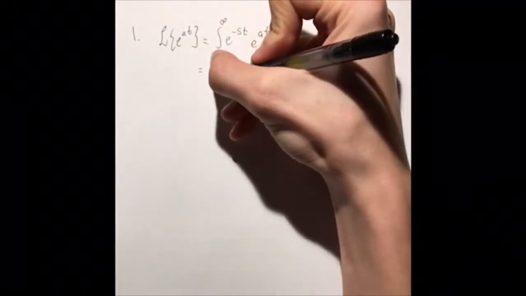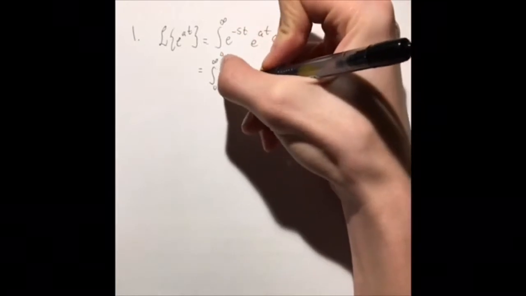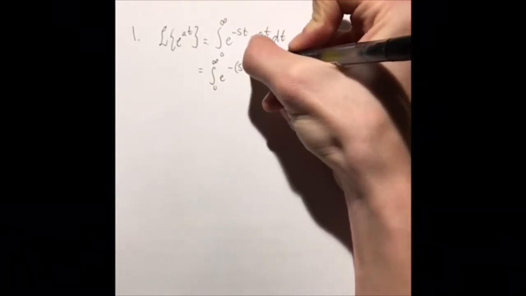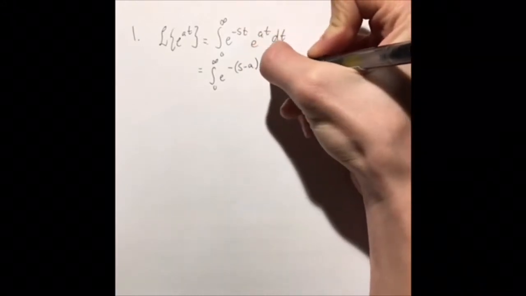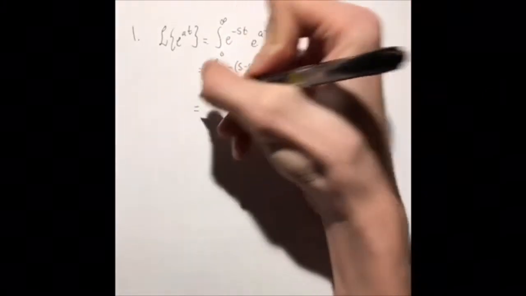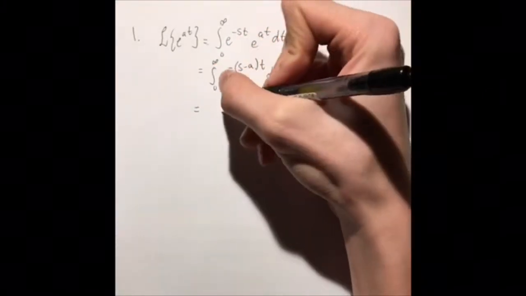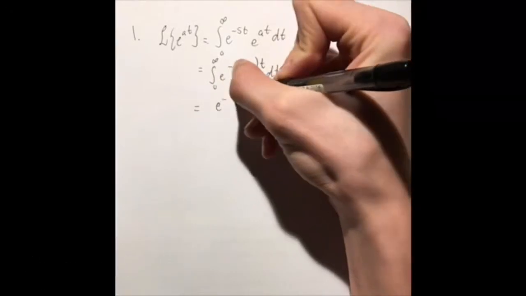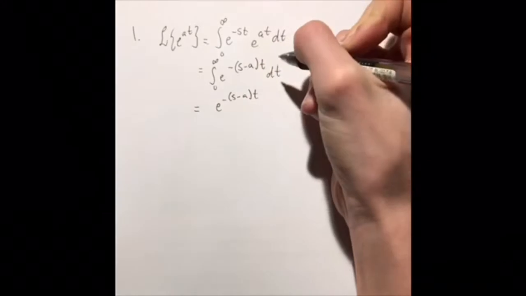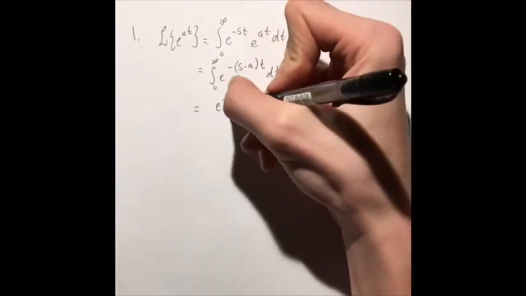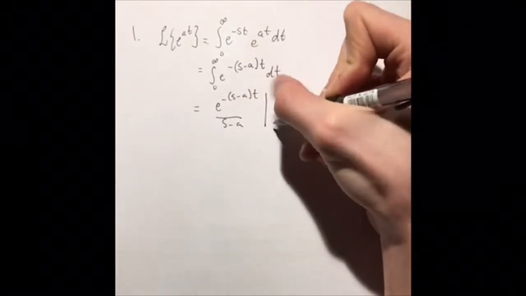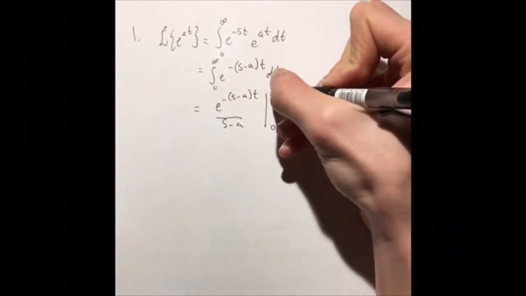This is simply the integral from 0 to infinity of e to the negative s minus a times t dt. If you solve this, you get e to the negative s minus a times t over s minus a evaluated from 0 to infinity.